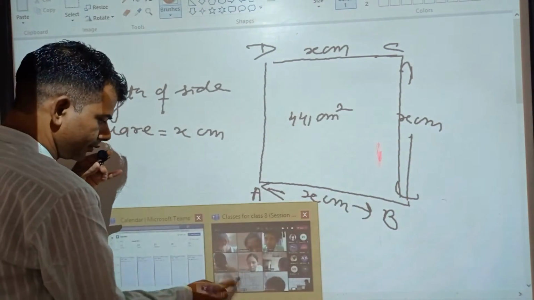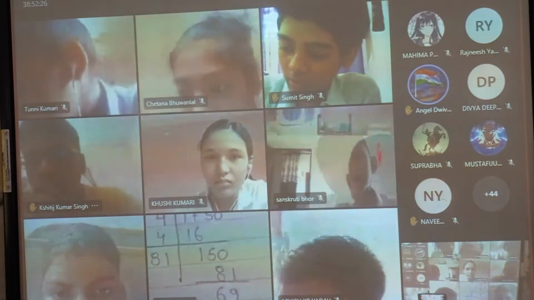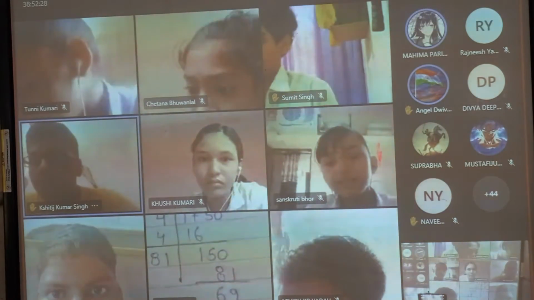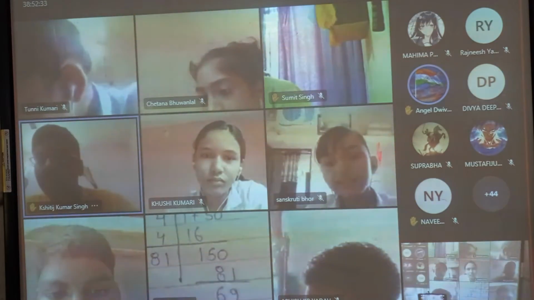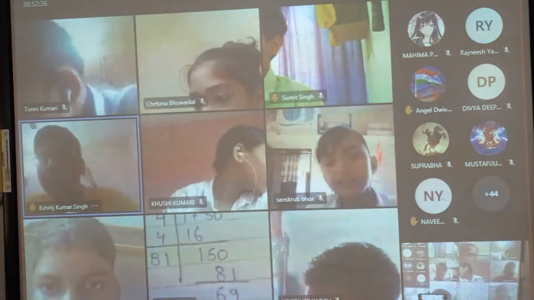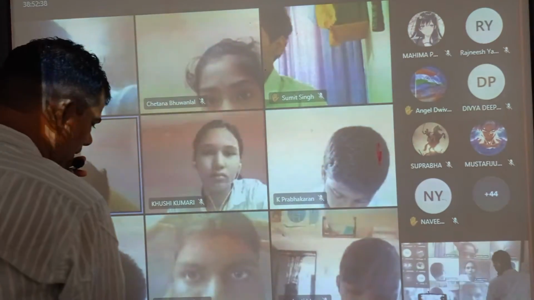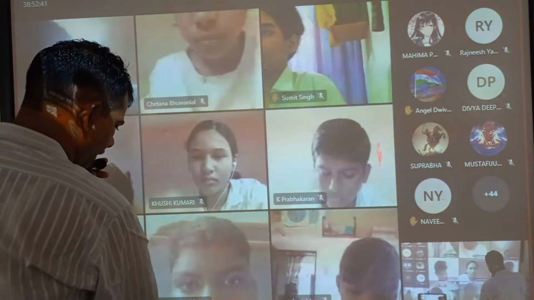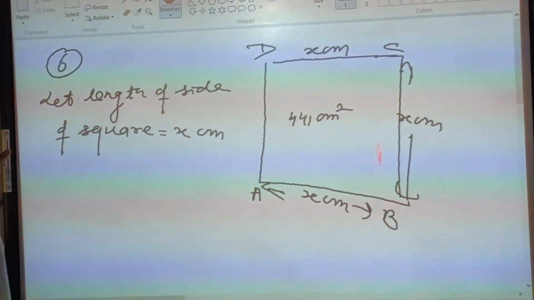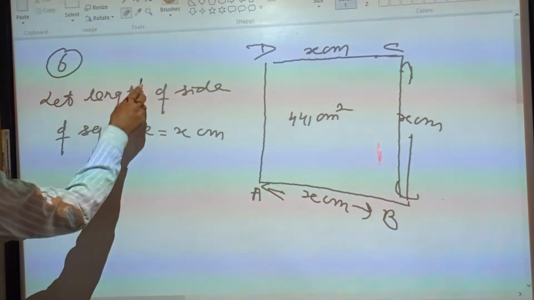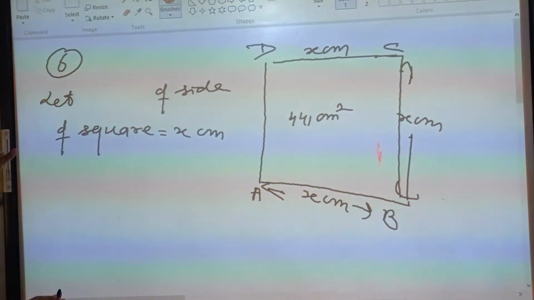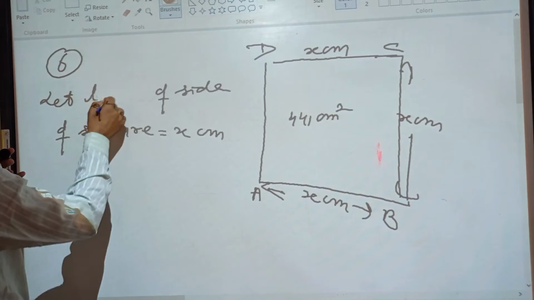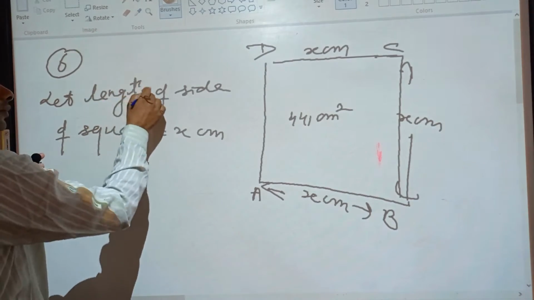Please do the next question. Sir, what should I write after length? Let the length of side of a square be... The area is in meters, so now change into meters.